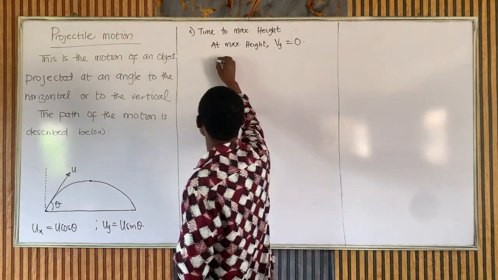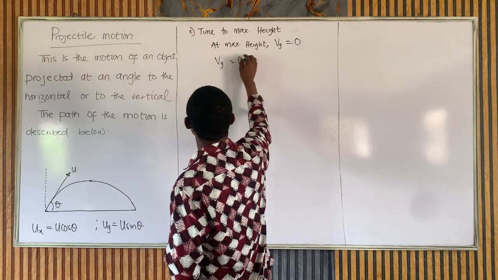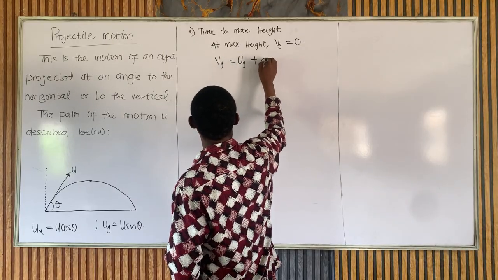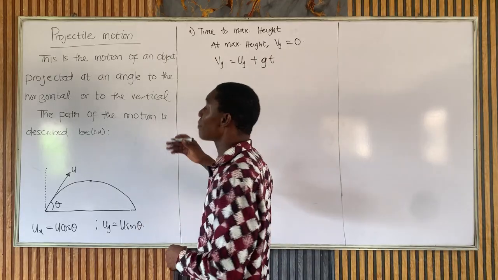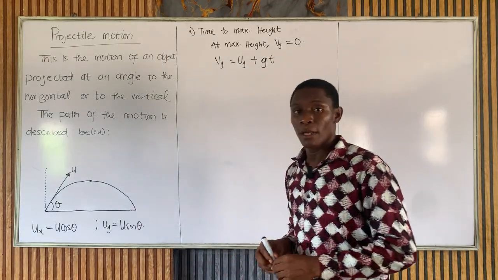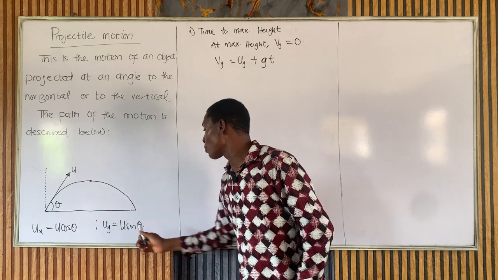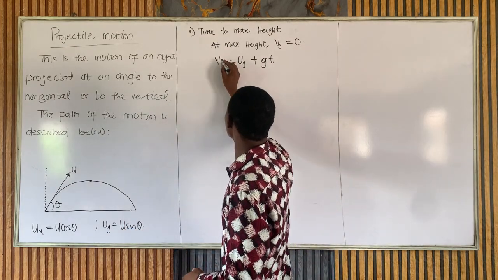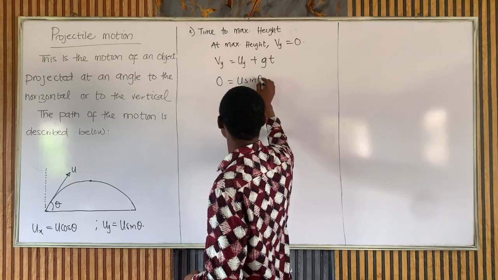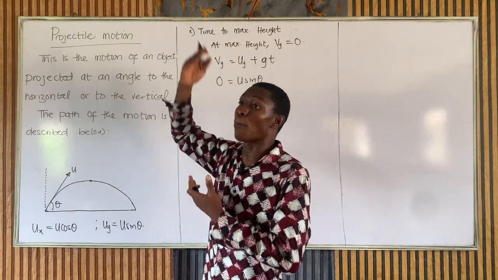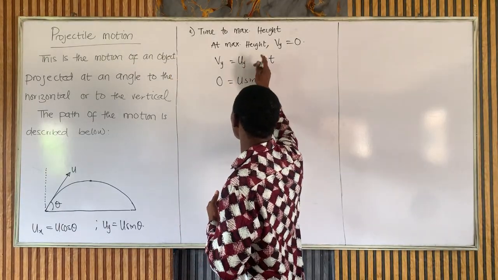And so we can say that Vy is equal to Uy plus gt, sorry, minus gt, because if I'm dealing with vertical motion, we work with gravity. Now, mind you, we've taken Uy to be u sin theta, and Vy is 0. So 0 is equal to u sin theta. Because this object is going upward, this should be minus and not plus.